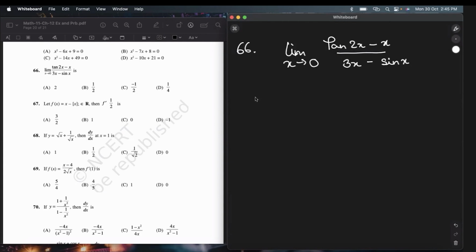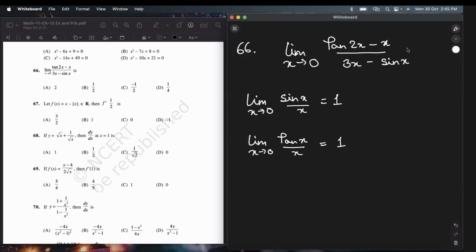So now what do we know? We know these two formulas. When x is tending to 0, sin x upon x returns 1. And when x is tending to 0 for tan x upon x as well, the same thing happens. This whole thing returns a value of 1.